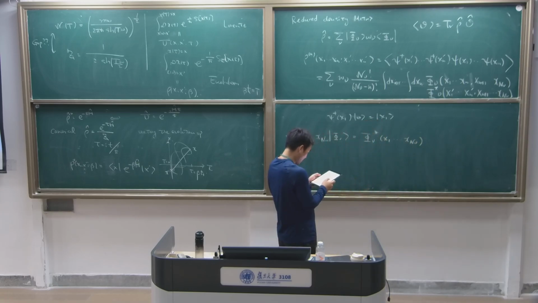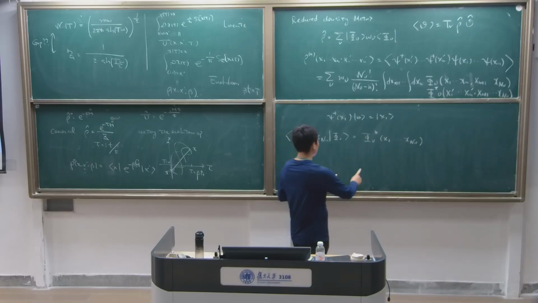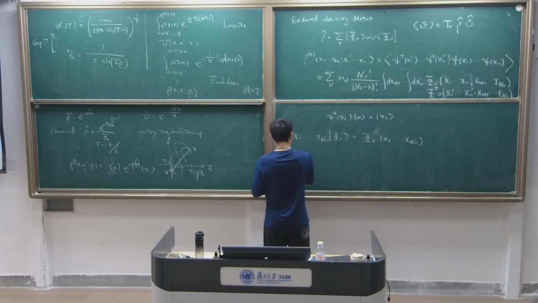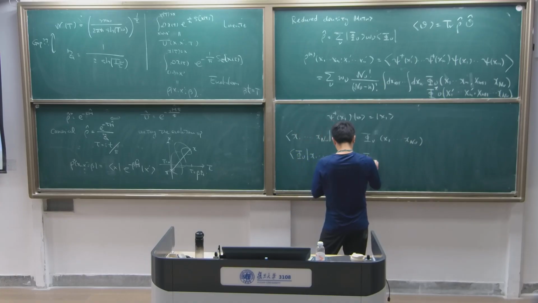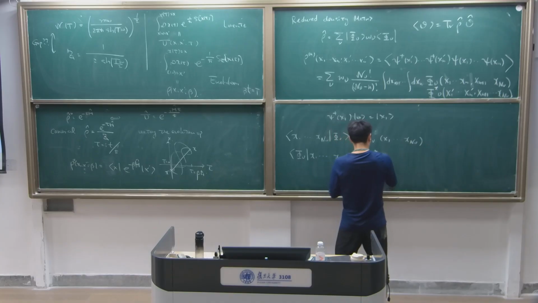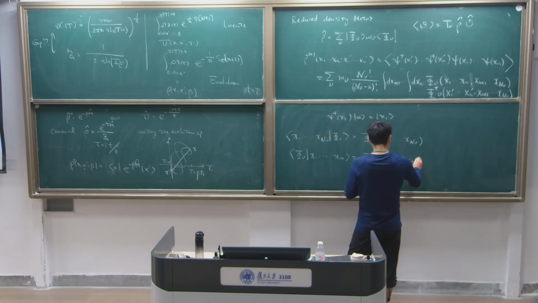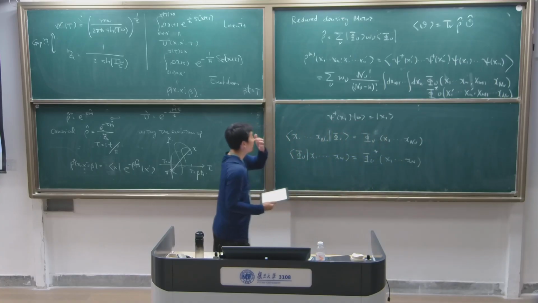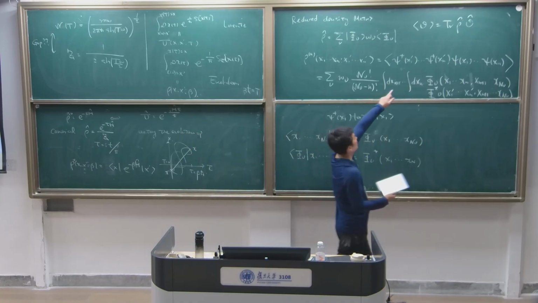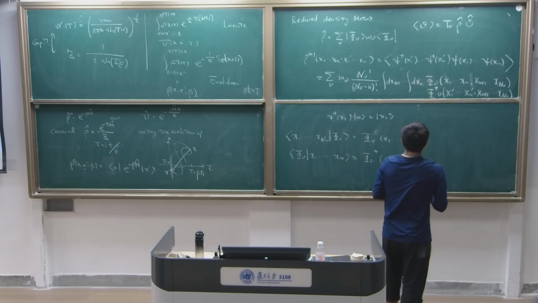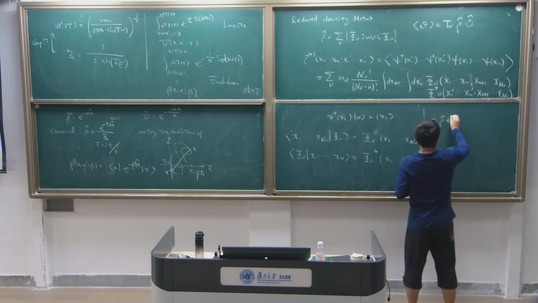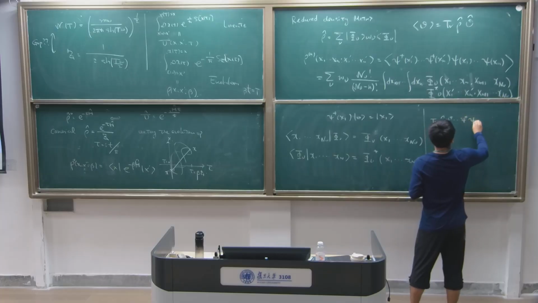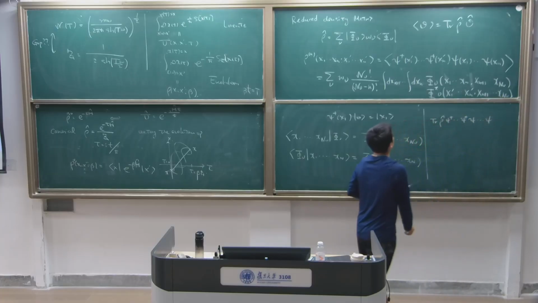I'm trying to recall my notation. This is no star. And then the opposite: x1 through xn is equal to psi mu star. Okay, so that's the notation. And then to compute this quantity, what we need to do is the trace of rho hat with psi dagger and psi.